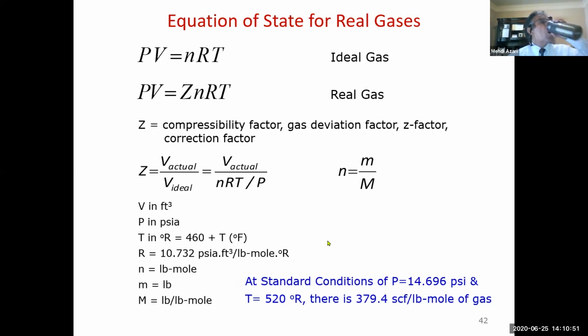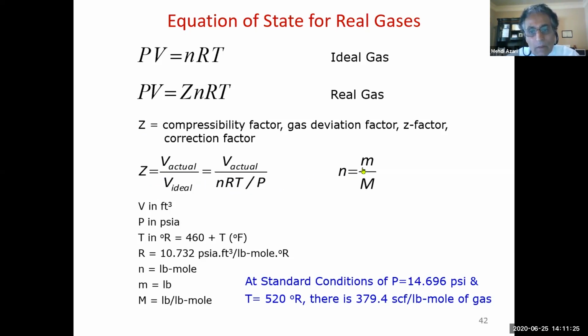So the equation of state for ideal gas: PV equals nRT. For real gas, it is PV equals ZnRT. Z is that non-ideal factor. If it is ideal, then Z is going to be equal to 1. It's called the compressibility factor. There is a lot of research and laboratory work done to calculate that Z, and Sandy did a lot of work in that area.